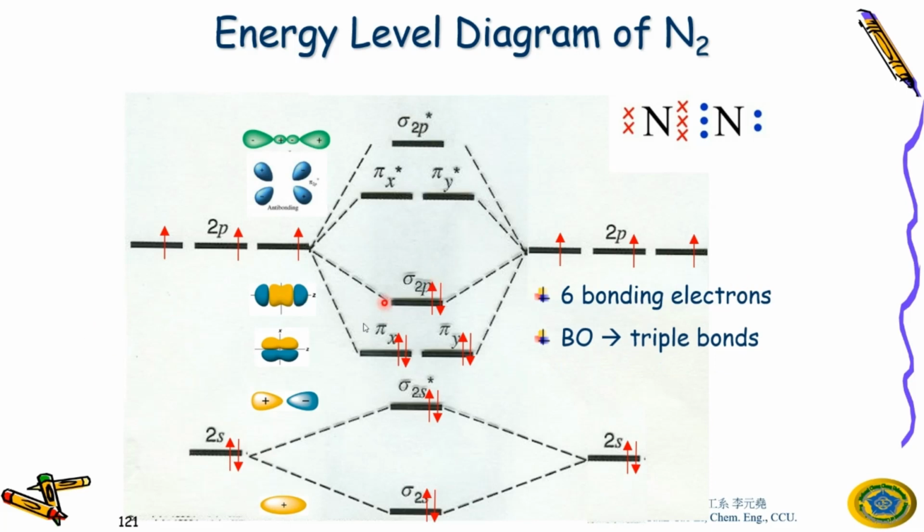You have 6 electrons in bonding molecular orbitals and 0 electrons in anti-bonding molecular orbitals. Then 6 minus 0, divided by 2, that will be 3, right? So it's a triple bond. And as you know, the bonding energy for the triple bond is 946 kilojoules per mole, which is much higher than the single bond in hydrogen, 435.